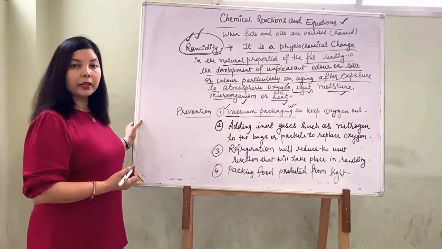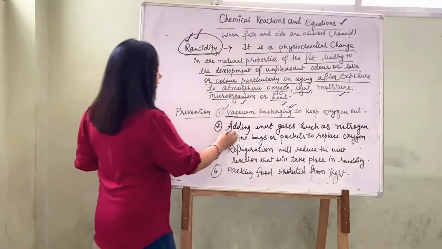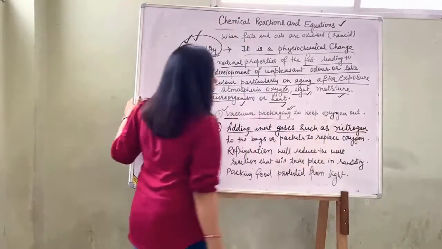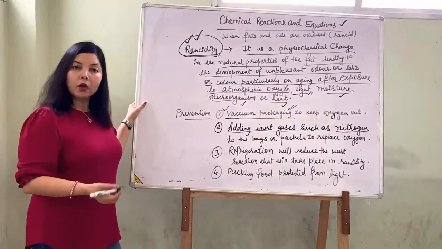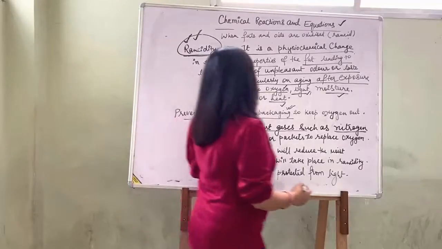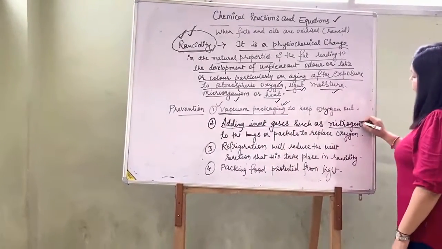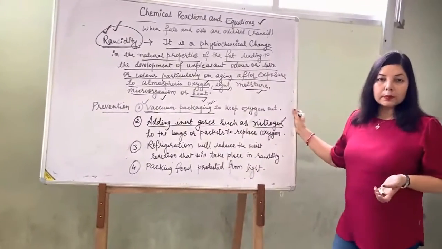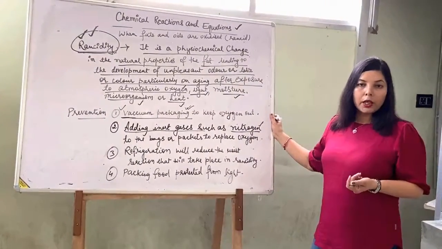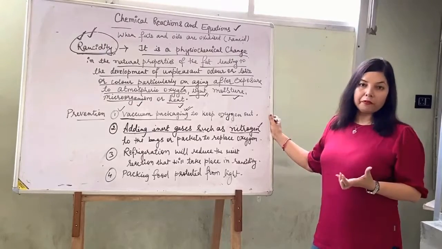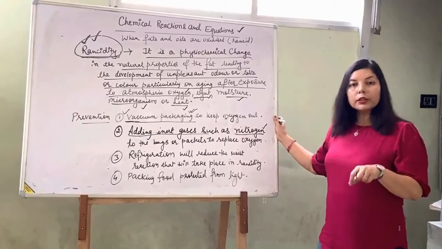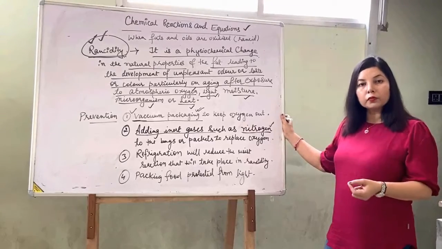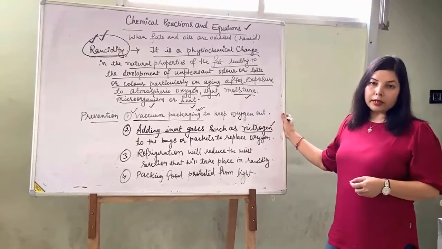The second way of preventing rancidity is to add some inert gas like nitrogen. That is why nitrogen is also known as an antioxidant. So when we fill nitrogen in packets of food, especially in some snack packets like chips, kurkure, you must have seen they seem so fluffy. Actually, nitrogen has been filled in those packets so that we can protect those food materials from getting rancid.